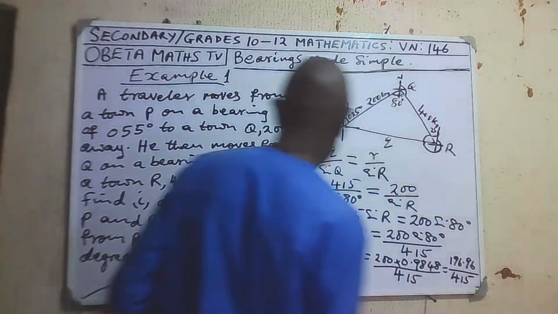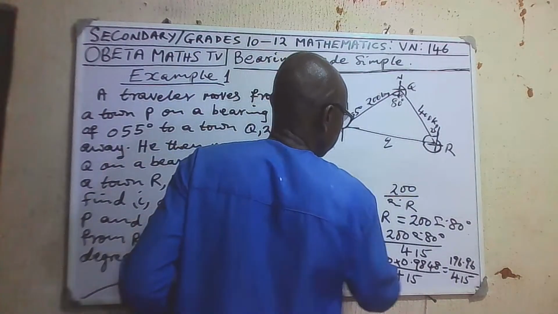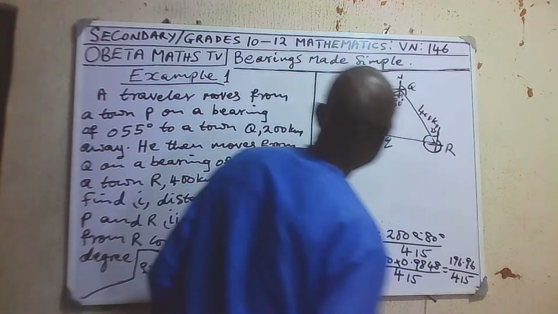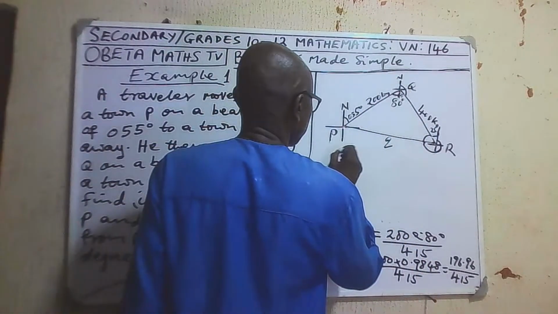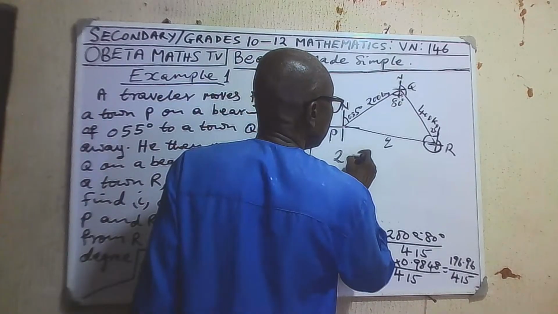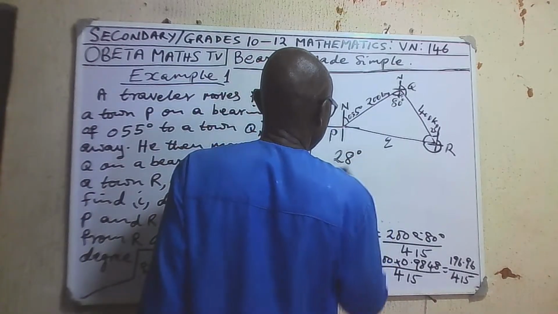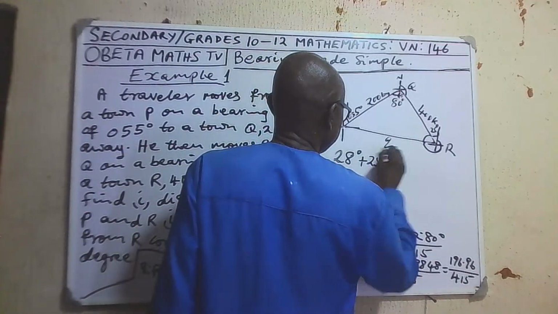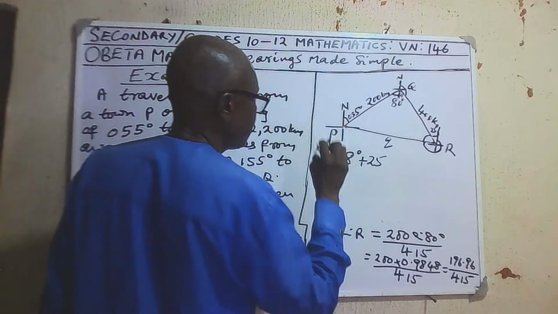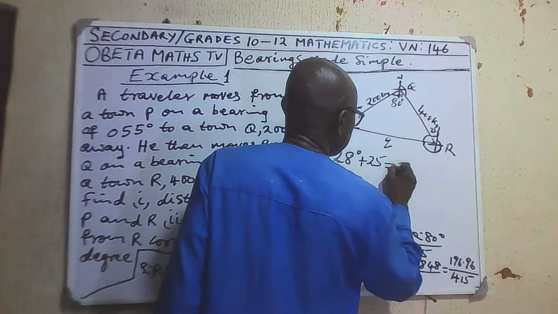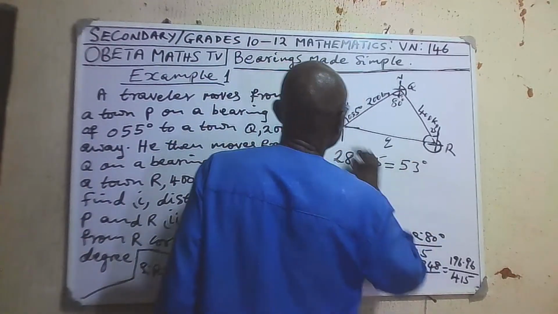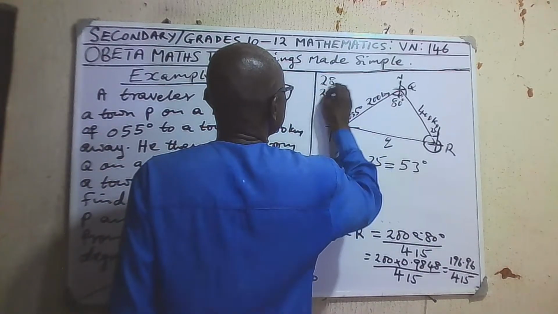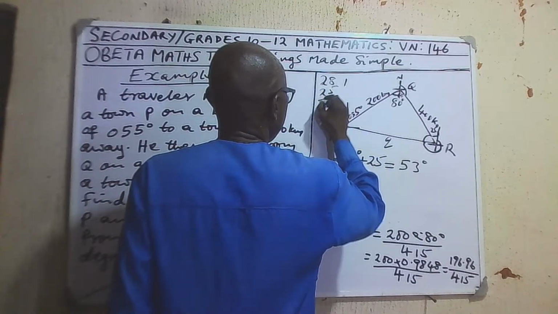So coming back from here, we are now going to have 28 degrees plus 25. That will give us 53 degrees.